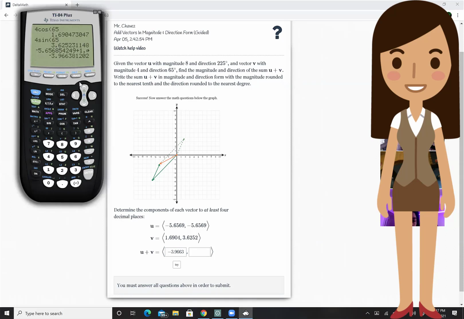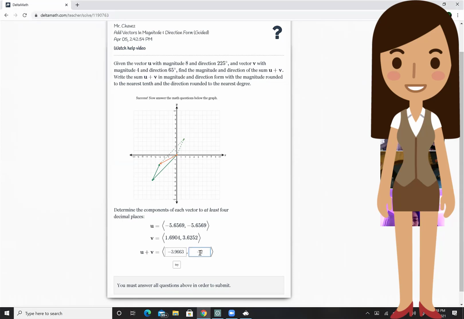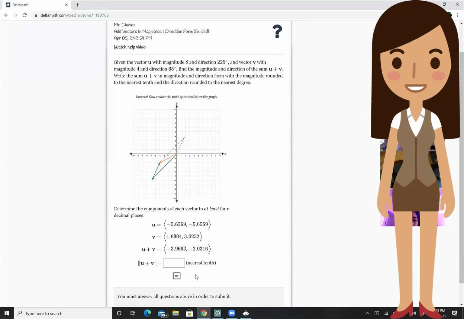So I'm going to scroll up until I see the sine ones. So this one first. That plus then the other one, 3 point blah, blah, blah. And negative 2.0316. Try. Bam, there it is.